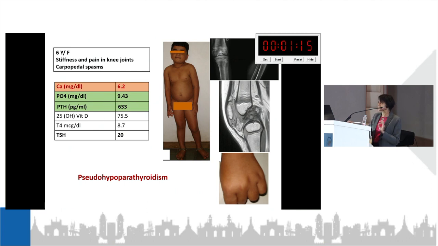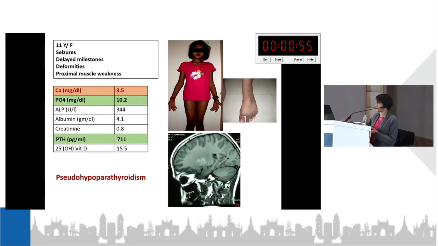This is a state of pseudo-hypoparathyroidism, a state of functional parathyroid hormone deficiency because of different reasons leading to hypocalcemia, with phenotypic features which allow you to discriminate them, and of course the parathyroid hormone which is elevated, giving us a cue towards diagnosis.